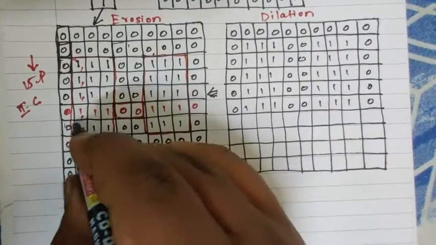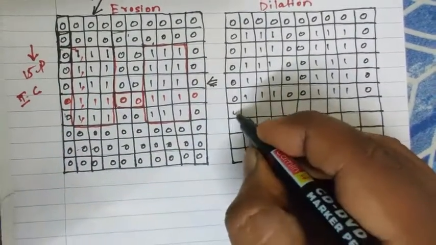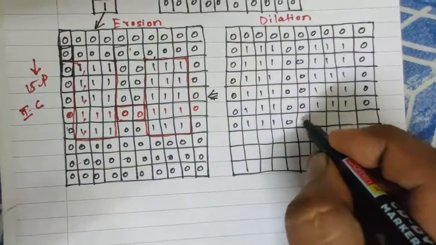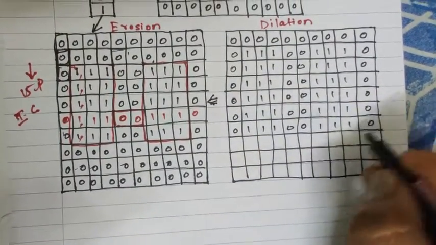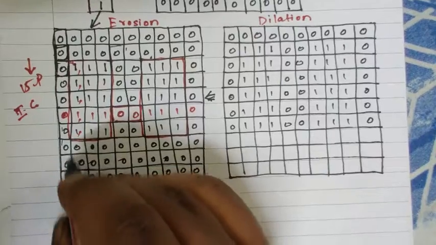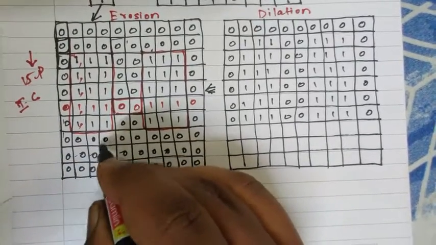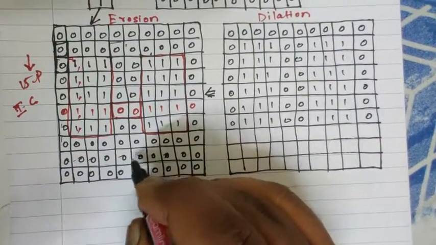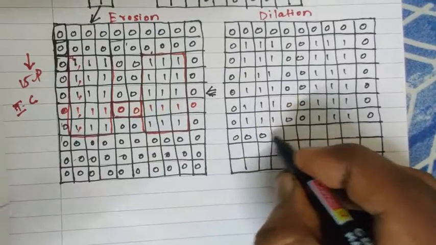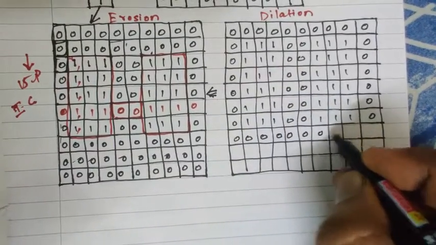The answer will be the same even for my seventh row. But if I move forward downwards, then I see the condition is failing, so it would be covered with all zeros.